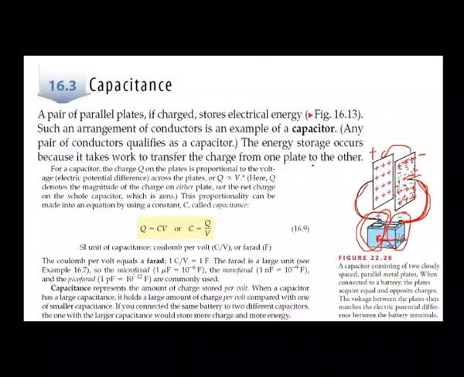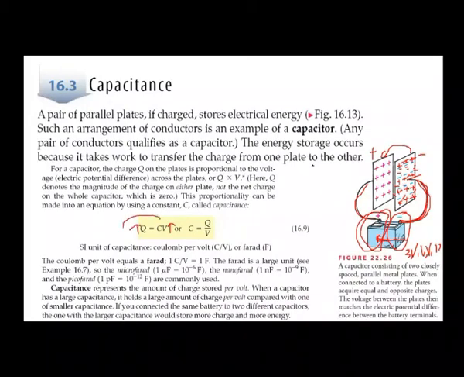So basically this is a capacitor, and let us say they tried 3 volts, they also tried 6 volts, and they also tried 12 volts. They observed that as the voltage is increased, the number of charges on the plates also increases.